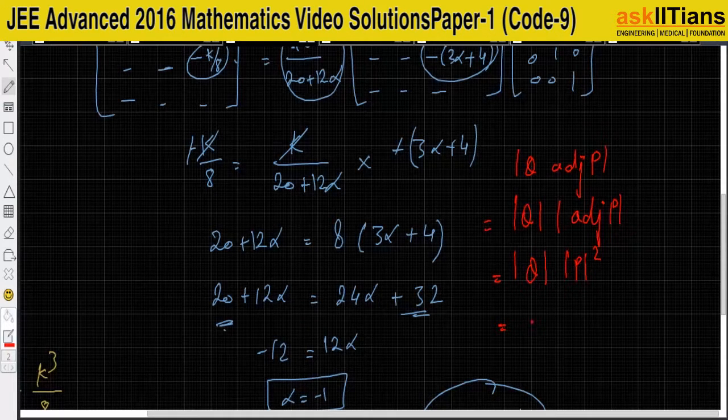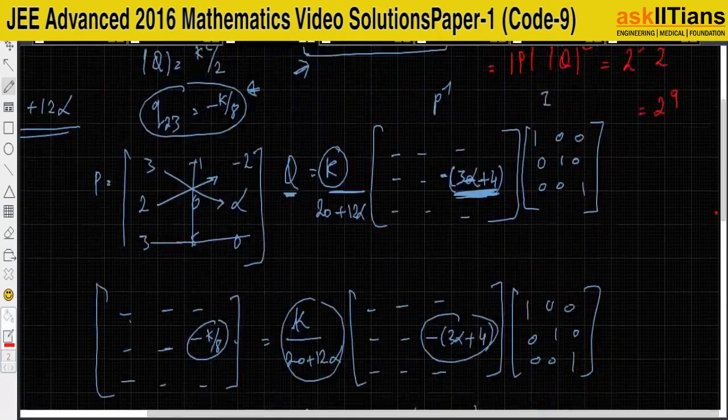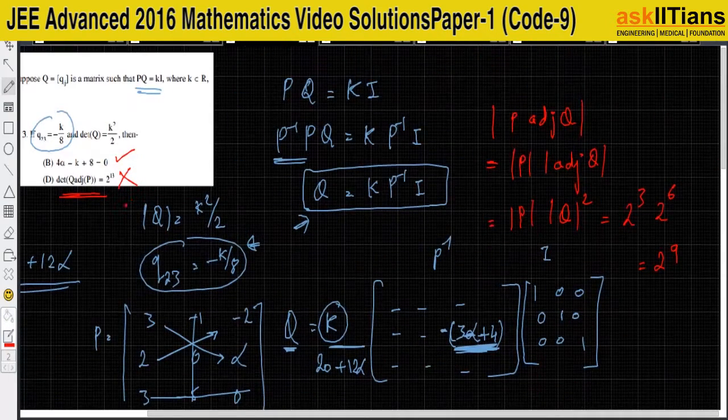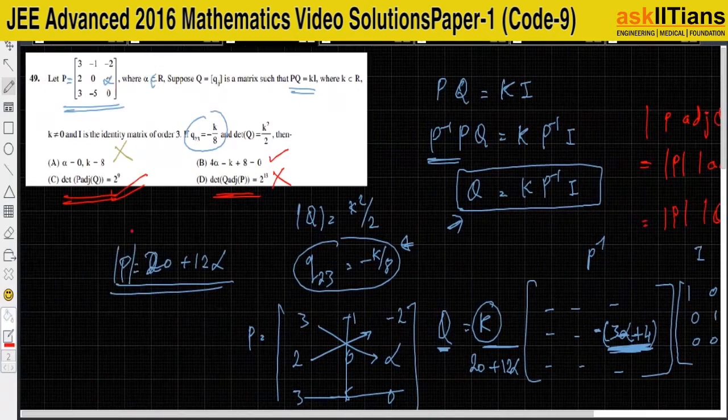So determinant of Q is 8 and this is 8 square. So this will come out to be 2 power 3 and 2 power 6. This is also 2 power 9. But in the option it's given this is equal to 2 power 13. So this option is wrong. So the correct answer will be option B and C. For this, the correct answer is B and C.